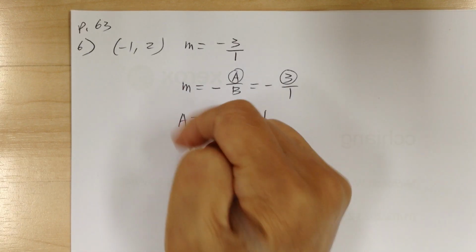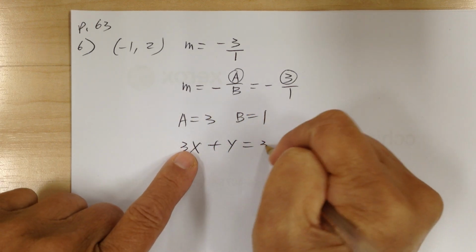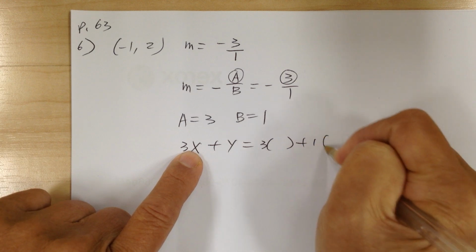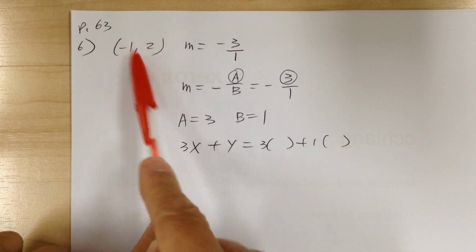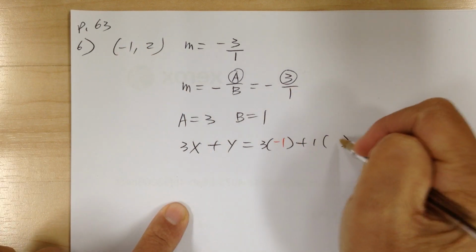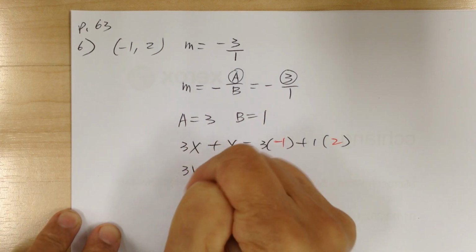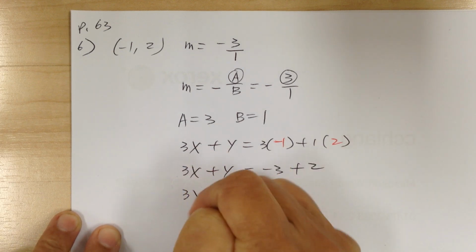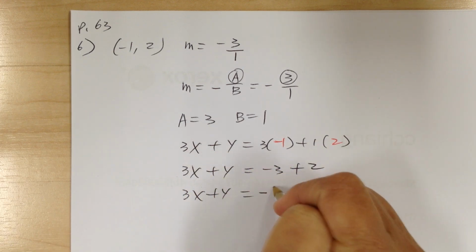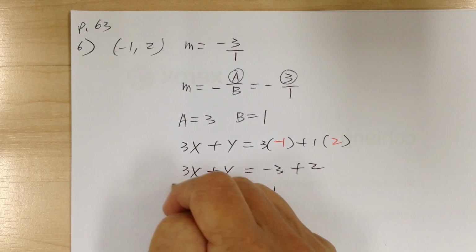So now you're going to get 3x plus 1y equal to 3 times parentheses plus 1 times parentheses. You want this line to go through this point, so you put this point in here, -1, 2. Then you work it out. So you got 3x plus y equal to -3 plus 2, so 3x plus y equal to -1. And that's it for this one.